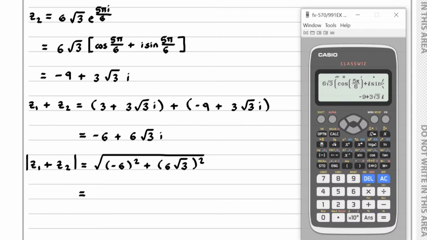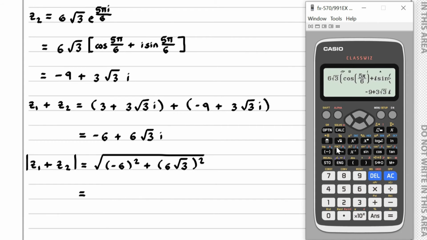So if we work this out, we have the square root of minus 6 squared plus 6 root 3 squared, and it turns out the modulus is 12.